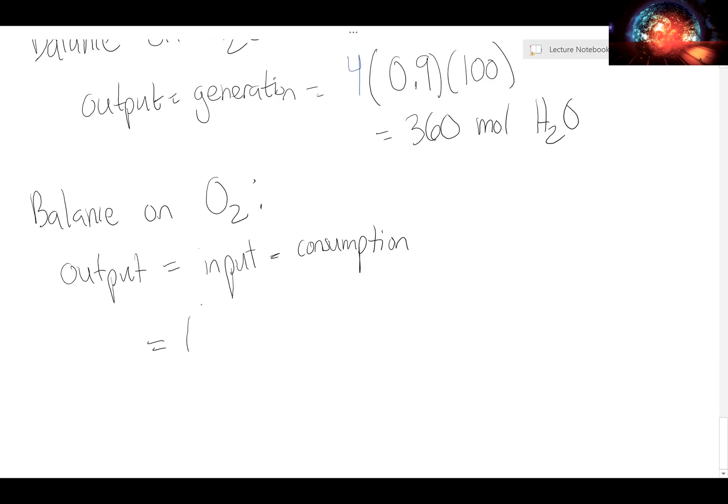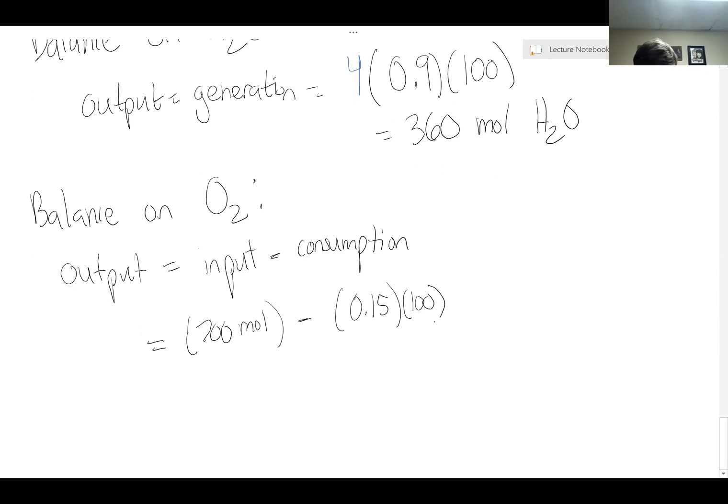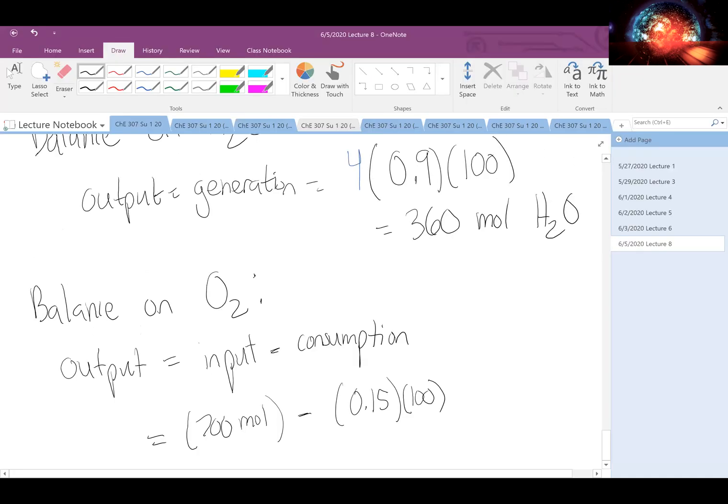That equals my 700 moles in minus 15% of that first reaction, with the stoichiometry for that first reaction being 5.